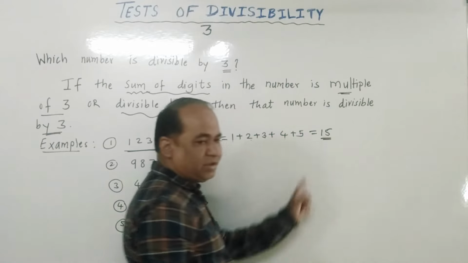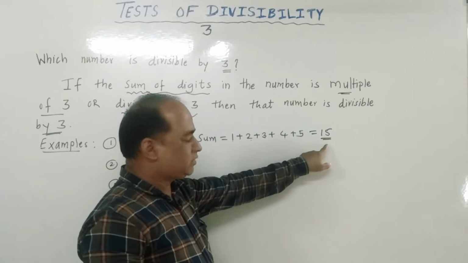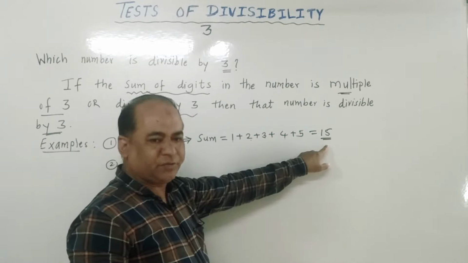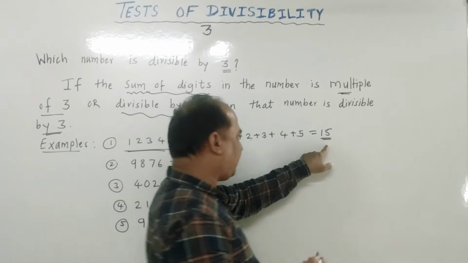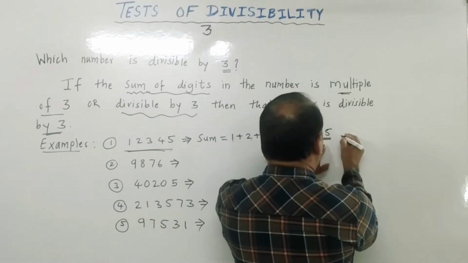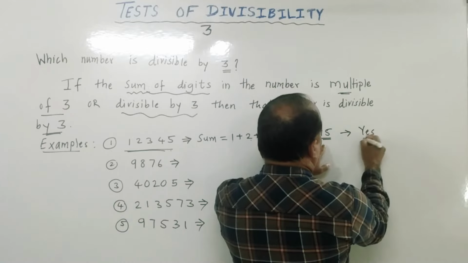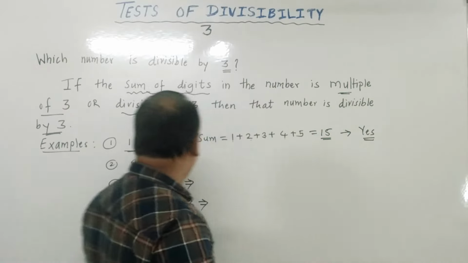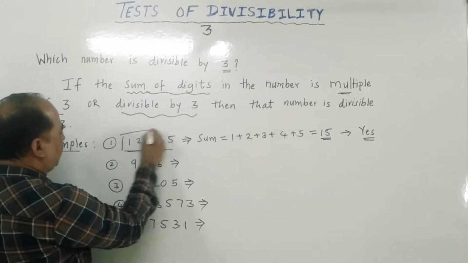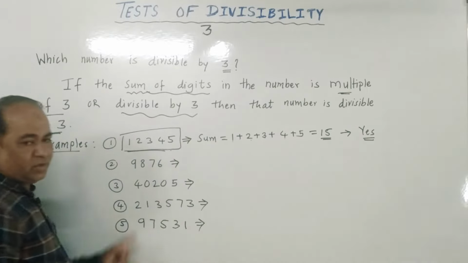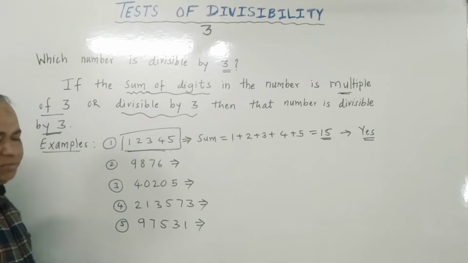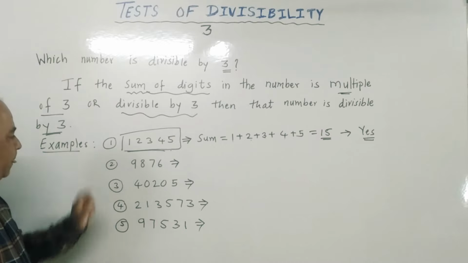Is 15 a multiple of 3? Yes, 3 fives are 15. Or is 15 divisible? It is in the 3 table. So this number, 12345, is divisible by 3.